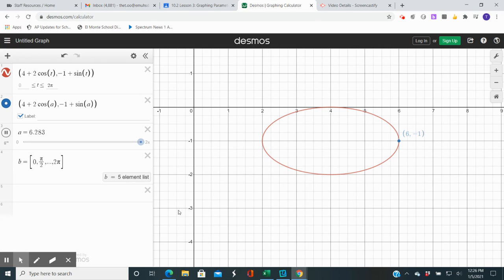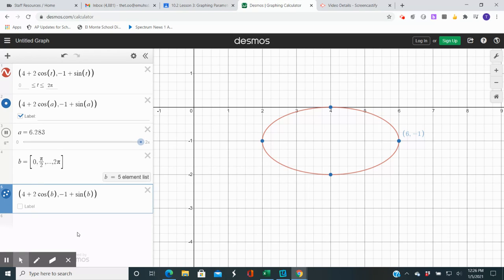If you like to label certain points on the ellipse, you can do that. Choose a list here. B is equal to 0, pi over 2, pi, 3 pi over 2, and 2 pi. Copy and paste the ordered pair for the set of parametric equations.